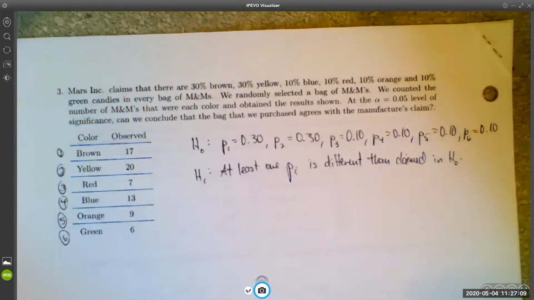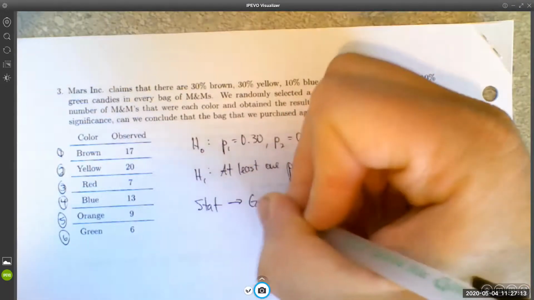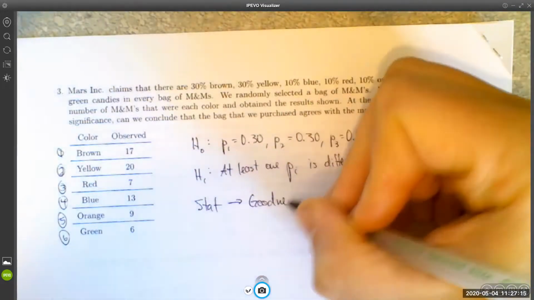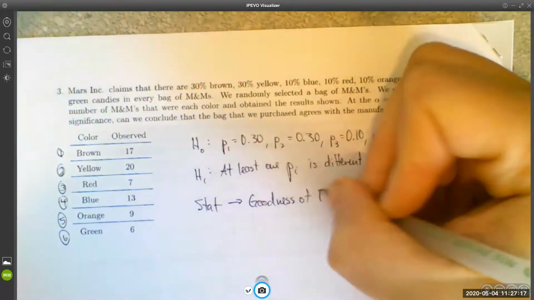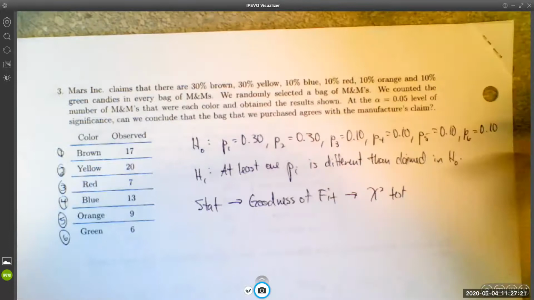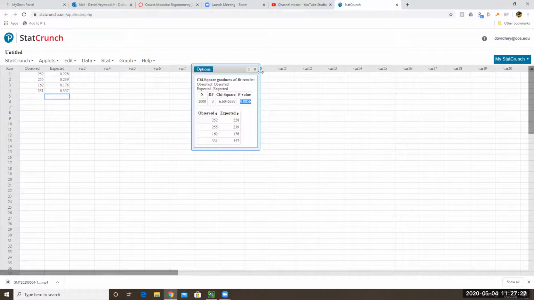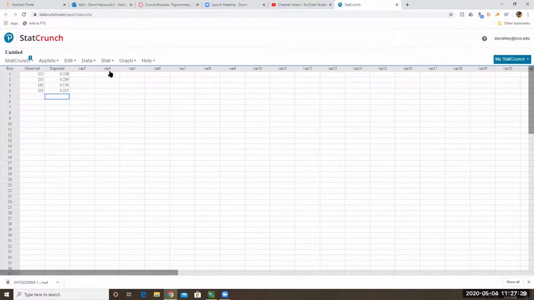So let's run the test. It's stat, goodness of fit, chi-square test. Let's see what we get. Before we run the test, we should probably put in the observed and expected counts.